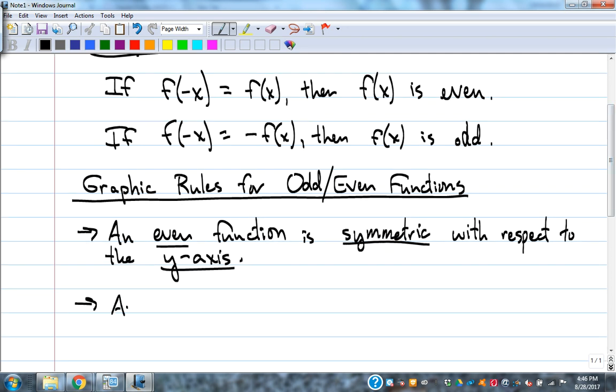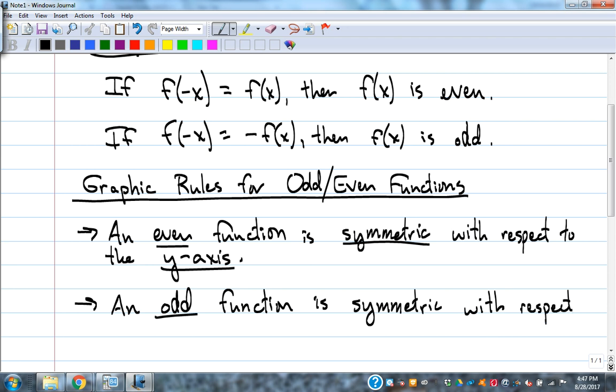Odd functions are a little bit more difficult to see on a graph. An odd function is symmetric with respect to the origin. Okay, that one's a little bit tougher to see because it basically takes folding across the y-axis and then folding across the x-axis.